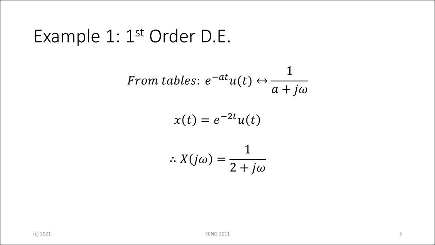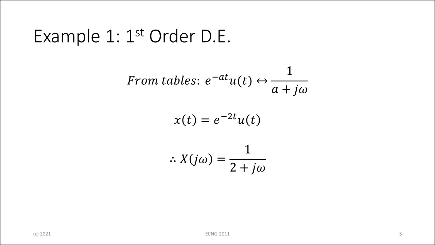From the table, you know that e to the minus at gives you 1 over a plus j omega. And again, this is like the Laplace transform. If you forgot, it's the same 1 over a plus s, but you let s equal j omega. Remember, there are some exceptions, and it doesn't work for certain signals.